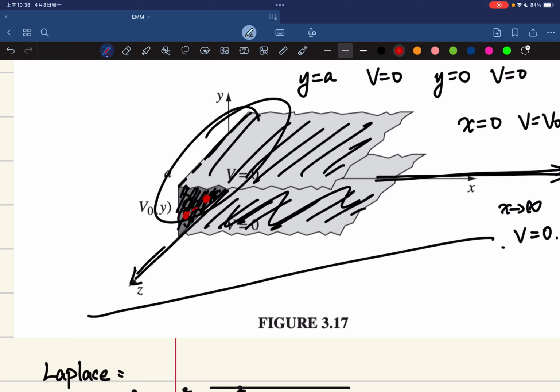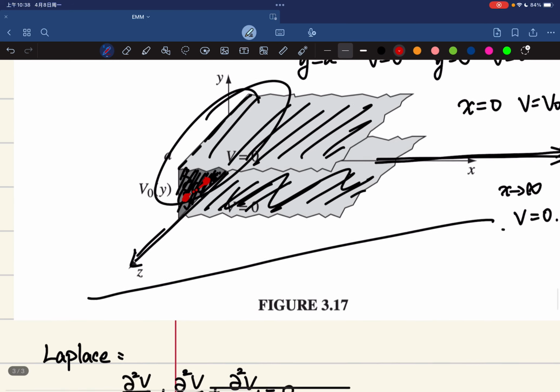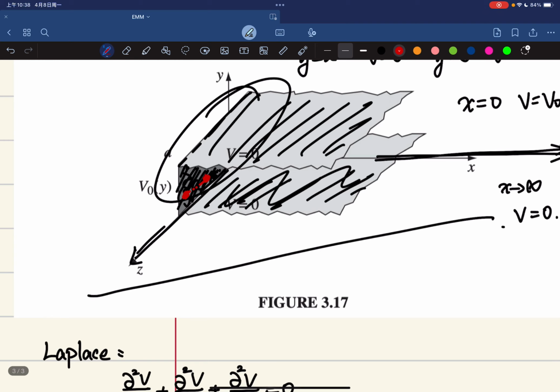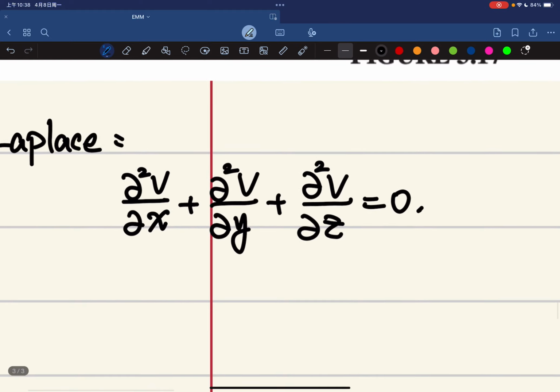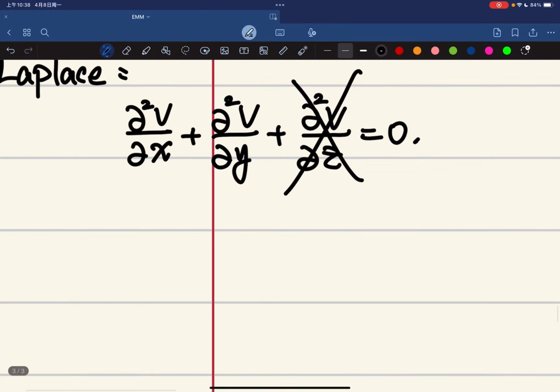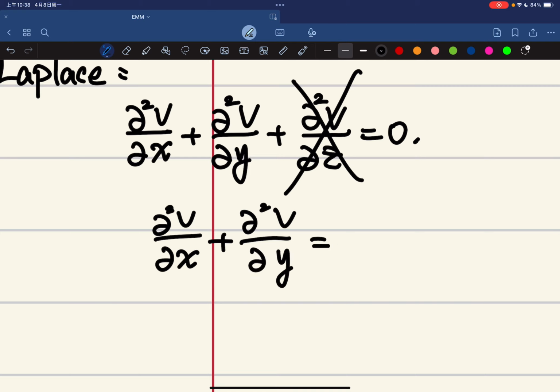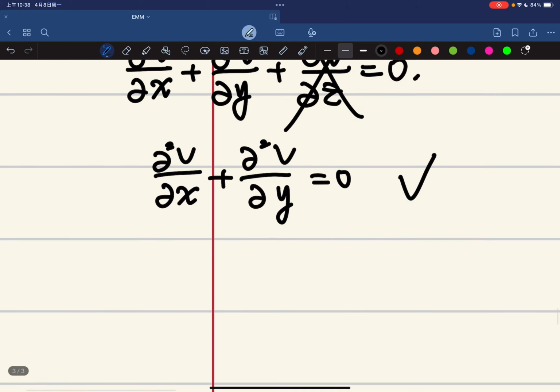Does this point have any difference with this point? They have different z values, right? But they actually don't have any difference in the potential. So it means that we can ignore the z-axis because it will not change the potential. So we ignore it. Now we are only left with 2 variables, which is great. Saves our work.